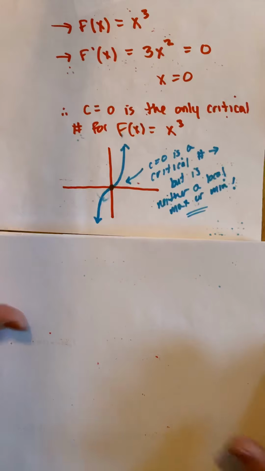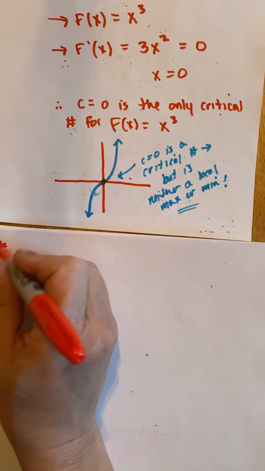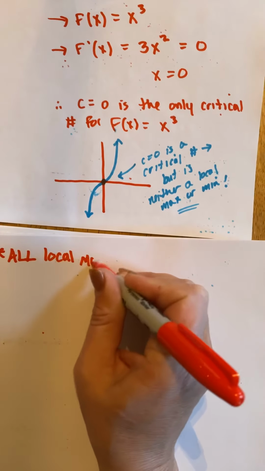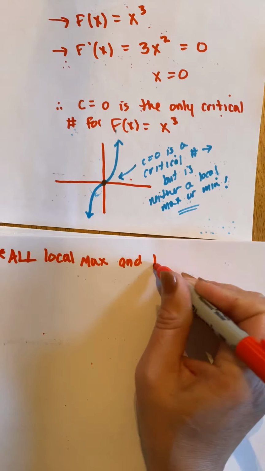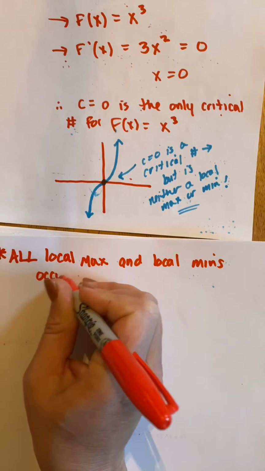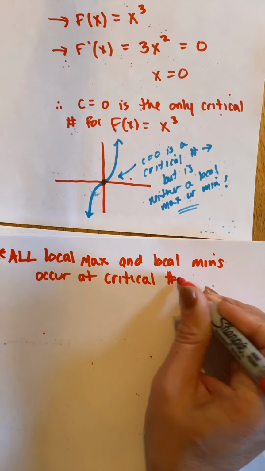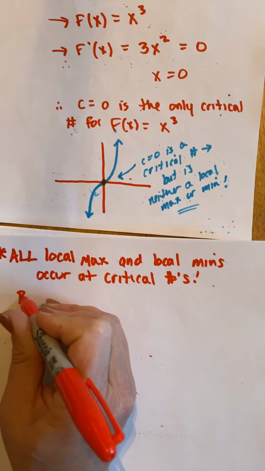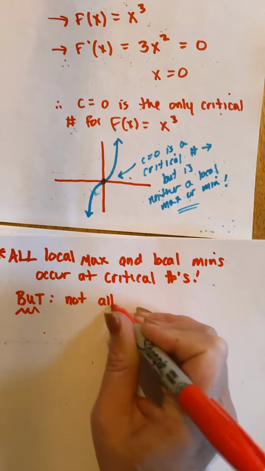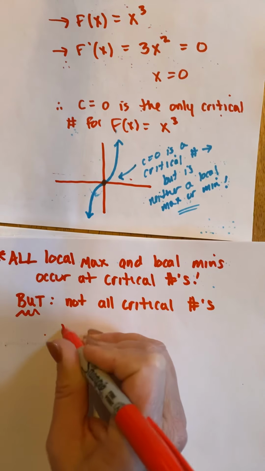So what we get out of this first lecture is: all local max and local mins occur at critical numbers, but not all critical numbers produce a local max or min.